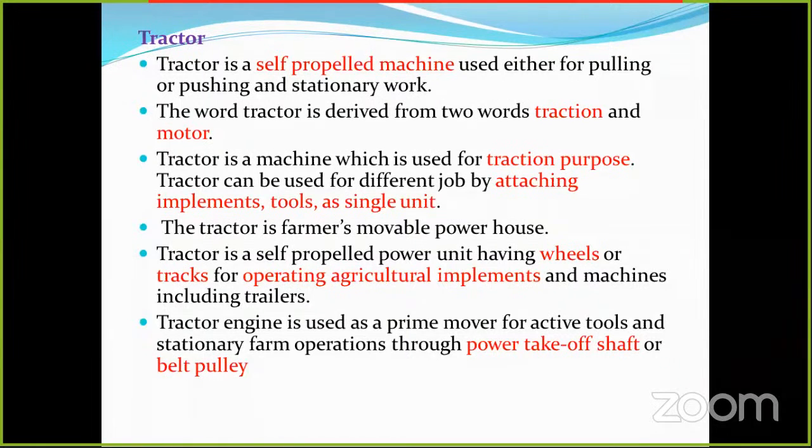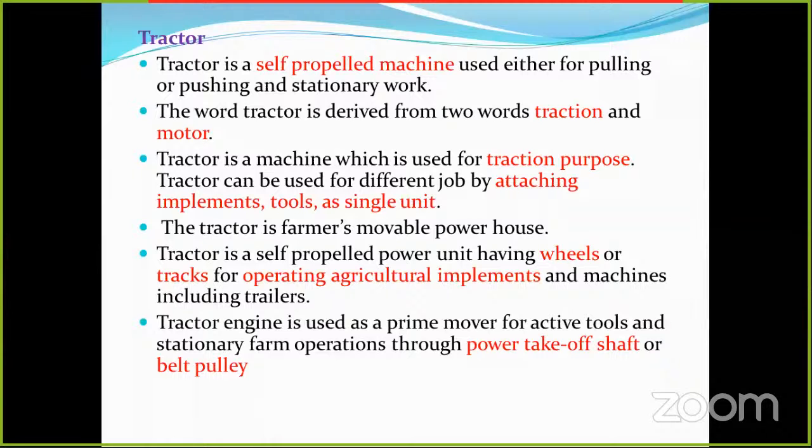Then the tractor is operated with the PTO for the multi-crop thresher, so the crop produce is threshed using it. Here power is obtained from the tractor-operated PTO. PTO is nothing but power take-off.